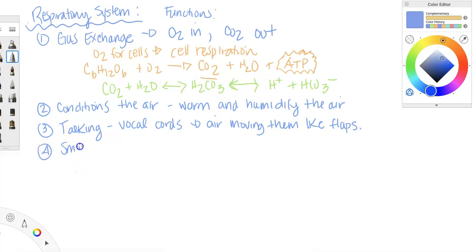Smelling. So we have our olfactory system, the olfactory epithelium. And that epithelium covers the whole nasal cavity.